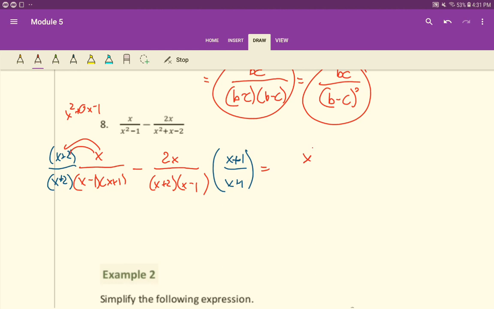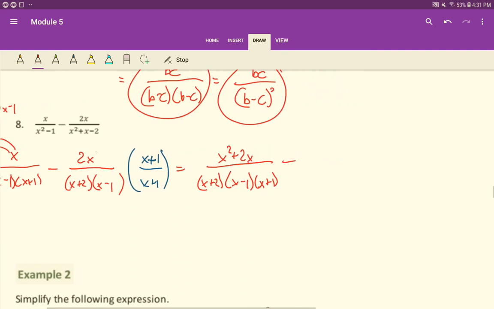You'll get x squared plus 2x over x plus 2 times x minus 1 times x plus 1, minus, distribute the 2x to the x and the plus 1. So minus 2x squared plus 2x all over x plus 2 times x minus 1 times x plus 1.